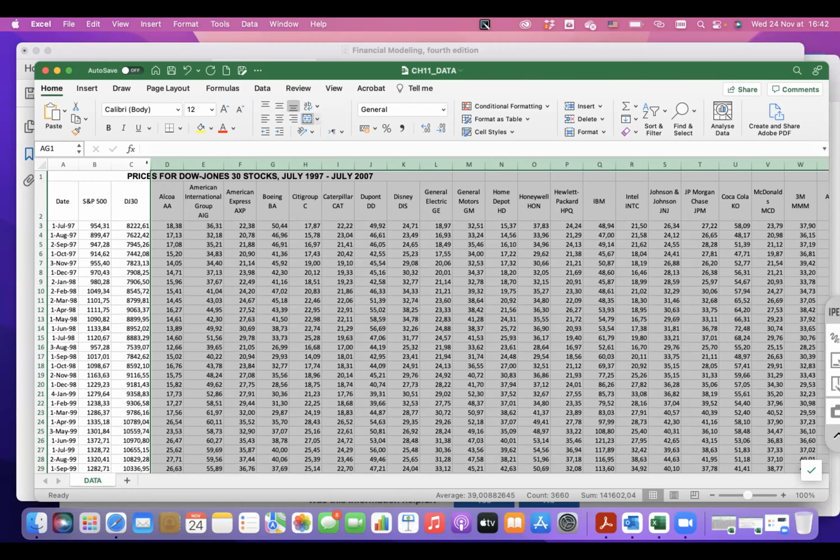So the Dow Jones is more selective. The S&P is more appropriate to be a market portfolio because it is more extensive. So we'll choose the S&P 500 as the market portfolio, right? Now, the 30 individual stocks are the ones that are included in the Dow Jones.